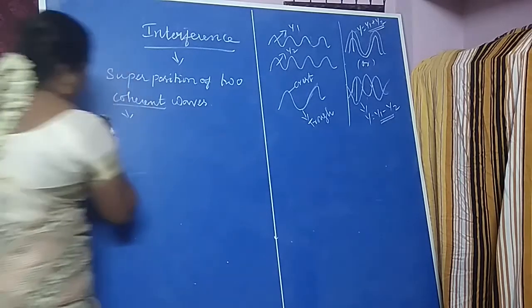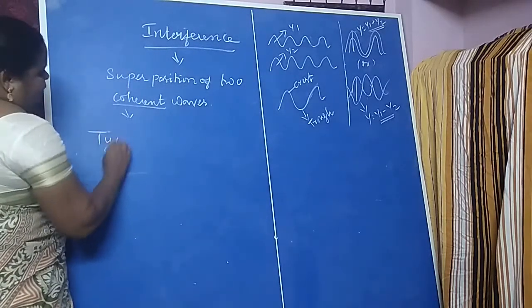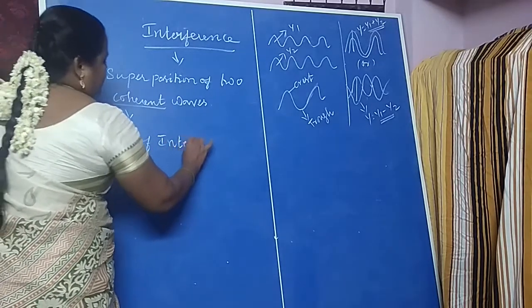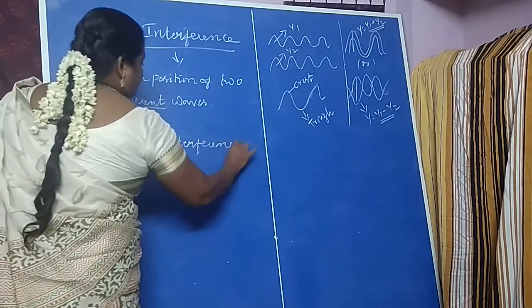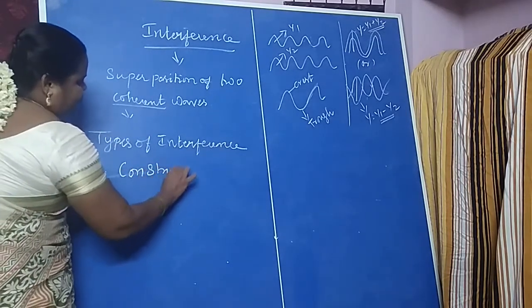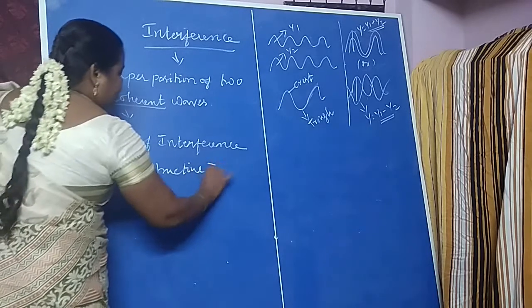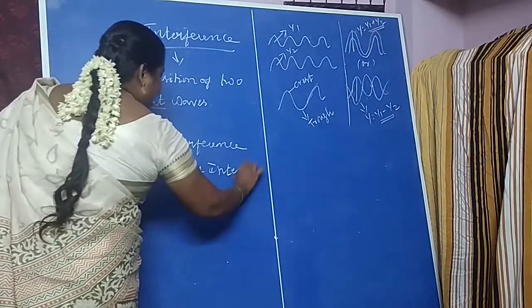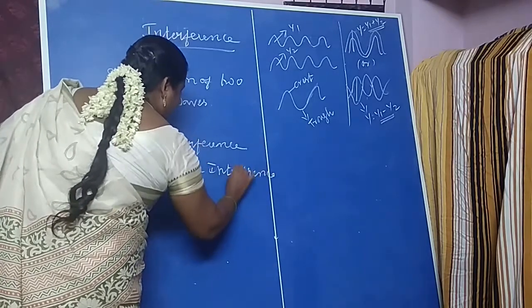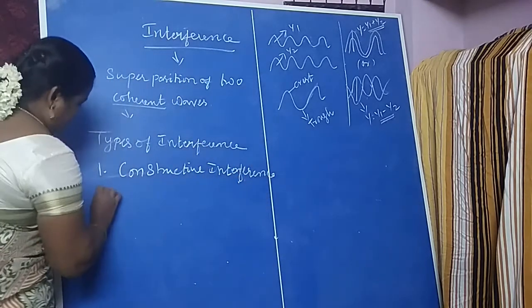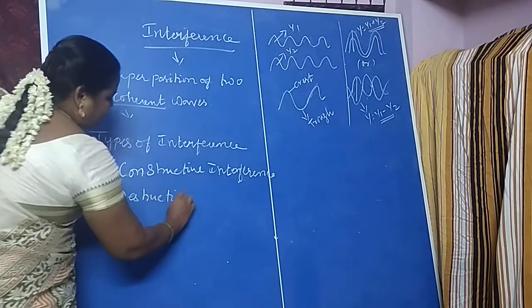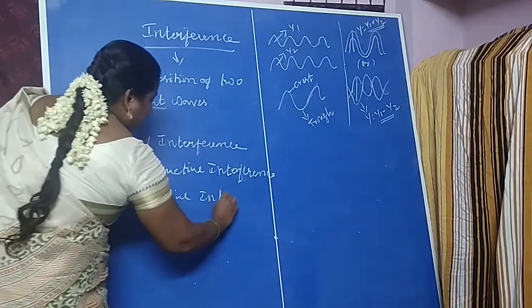They are number one, constructive interference, and number two, destructive interference.